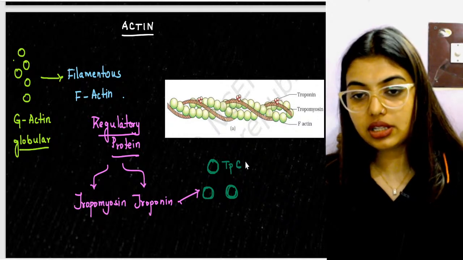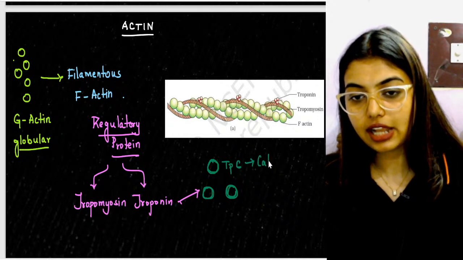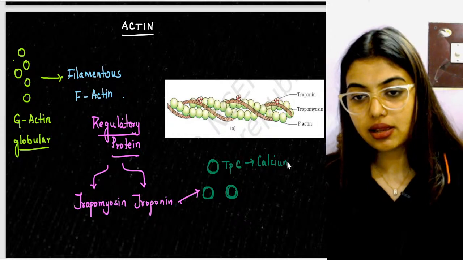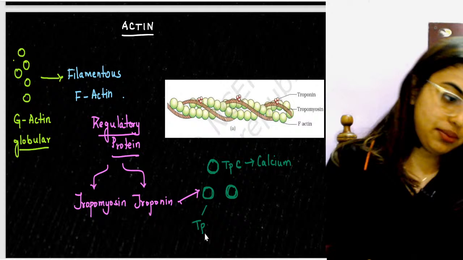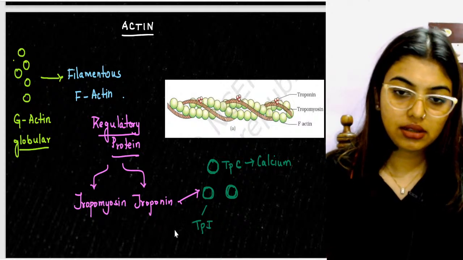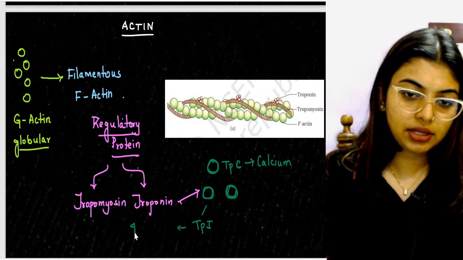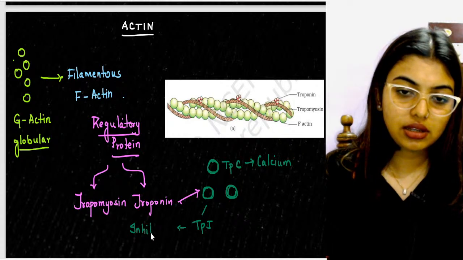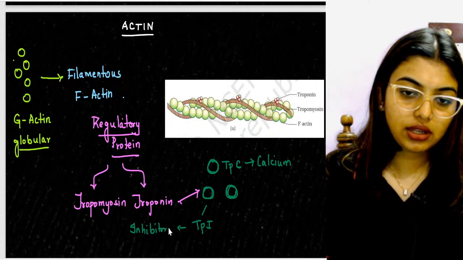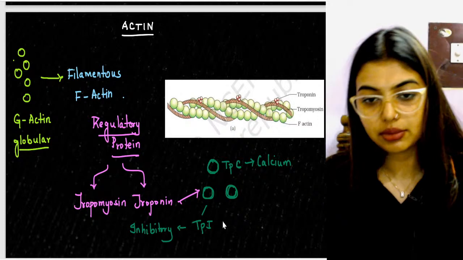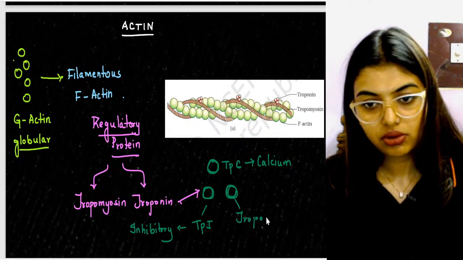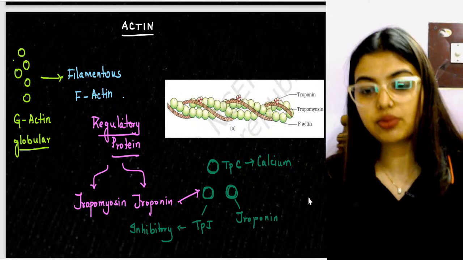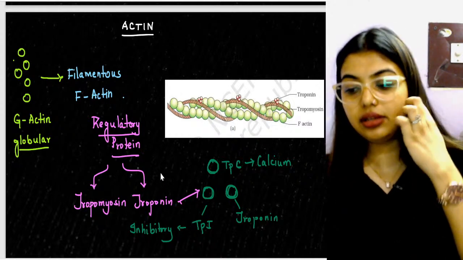TnC is the one which is going to bind with calcium. TnI is going to have inhibitory functions, it is actin inhibitory, and this is going to be your TnT.